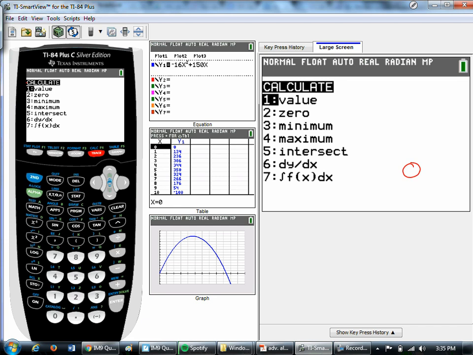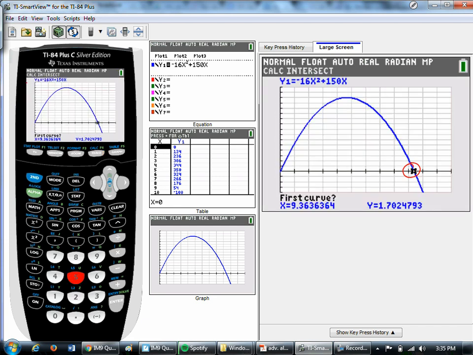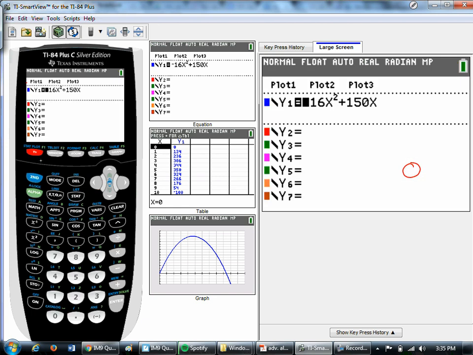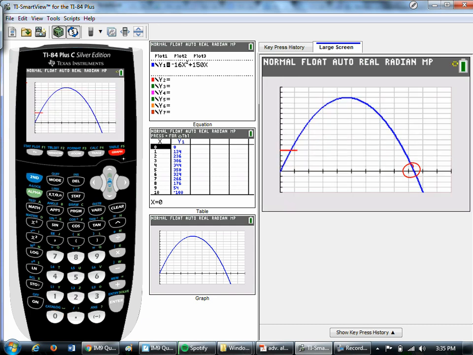And when we're looking for the intersection of two lines, we want to use number 5. So first curve, what that means is, actually, sorry, go back. You're going to have to go to y equals first. So sorry, go back to your y equals. And you're going to have to graph that second line. We need to put in the y equals 100 line and then hit graph again. Sorry. So go to your y equals, enter y equals 100, and it should look like the graph that I drew before.